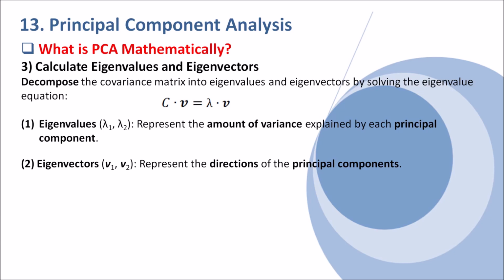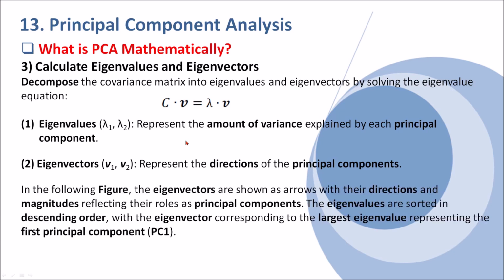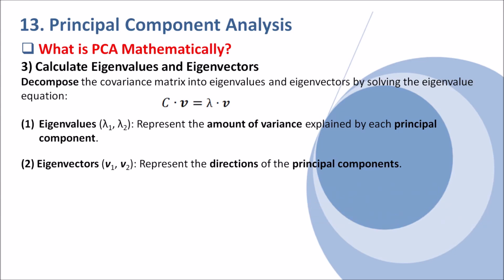The eigenvalues represent the amount of variance, then eigenvectors represent the direction of the variance. This is one of the most important concepts in PCA. In the following section, we are going to see the relationship between the eigenvectors and the values of the covariance matrices. Now, let's see it.